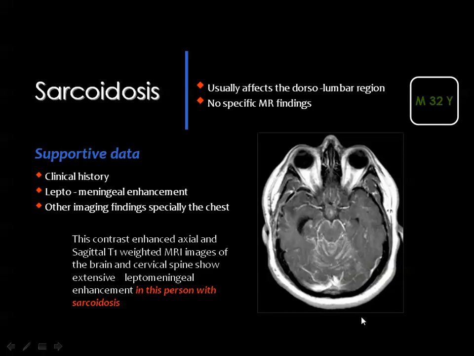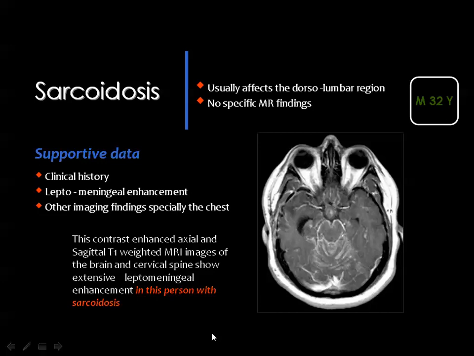Then you see here an injection of contrast in this T1 weighted MR image, and you see leptomeningeal enhancement in the cerebellar folia, as well as in the basal cisterns around the brainstem, as well as in the suprasellar area. This leptomeningeal enhancement is not specific for sarcoid, and you reach the diagnosis of sarcoid by the clinical history and other imaging findings, especially in the chest.